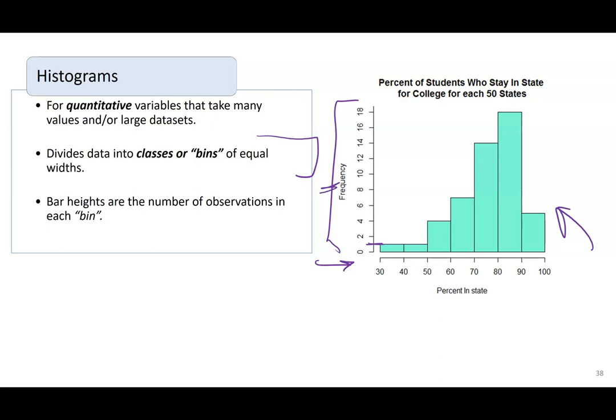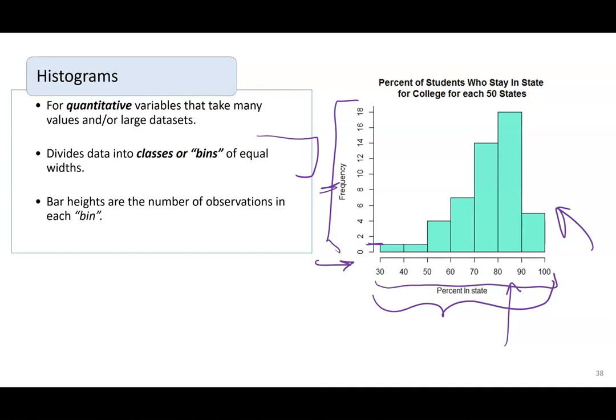Things to note though, a big difference between bar plots and histograms. Look at what's on the bottom. These are percents in state. It would not make sense to rearrange these. You wouldn't put 90 to 100 here and 30 to 40 here. Their percents go specifically in this order.